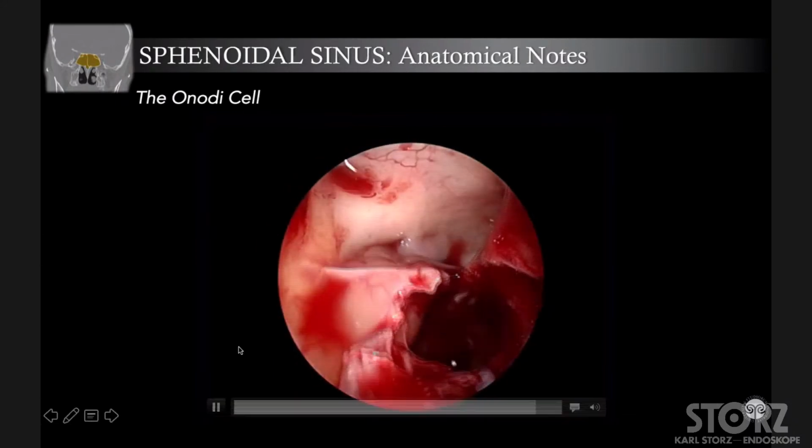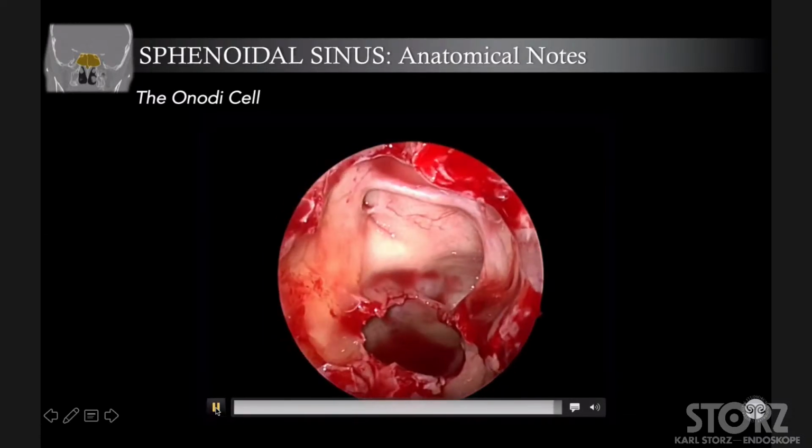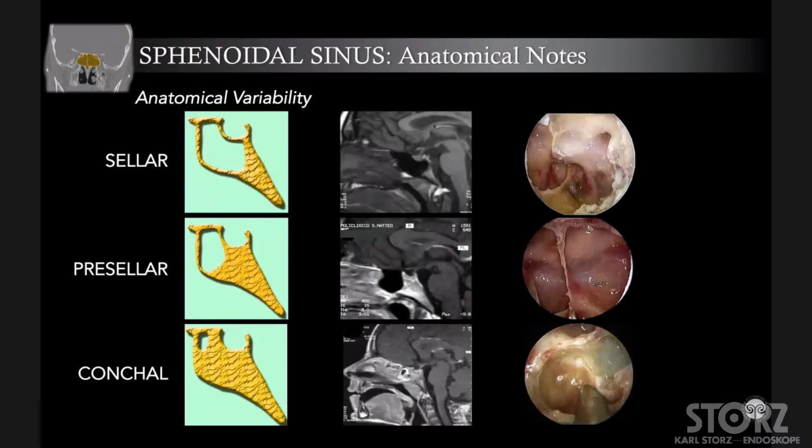You can also see what I told you. The floor of the Onodi cell is flat. The floor of the sphenoid sinus has a concavity. So it's mandatory to understand that.